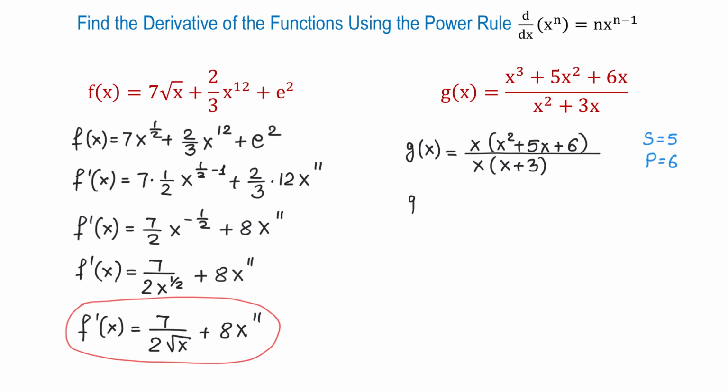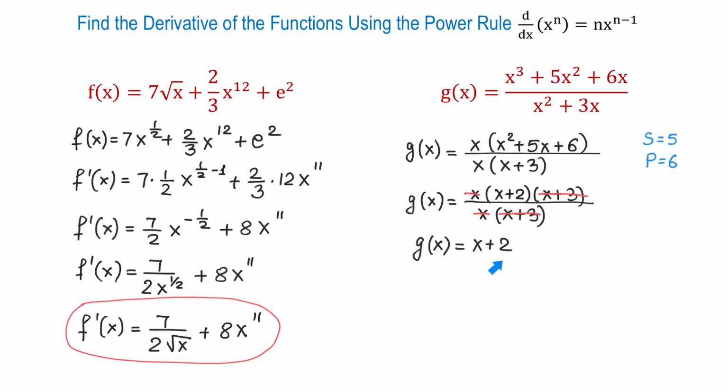Then g of x equals x times x plus 2 times x plus 3 over x times x plus 3. And now let's simplify by crossing the common factors, and these are x and x plus 3. And now g of x equals x plus 2.